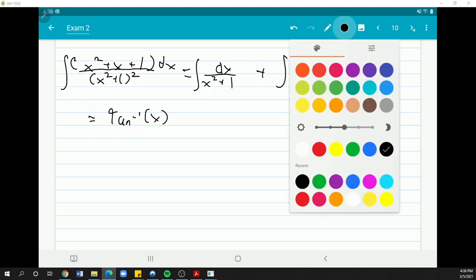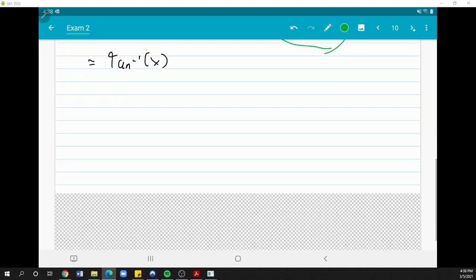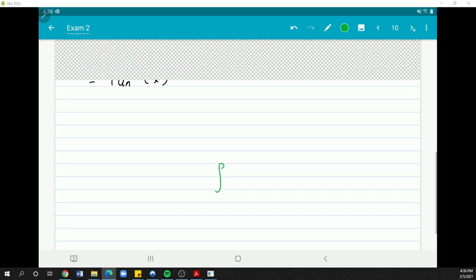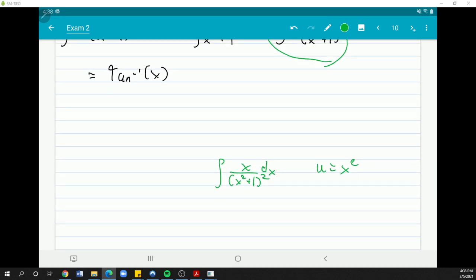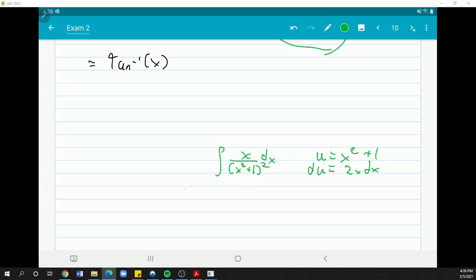But for this, we're going to need to look at some scratch work. Integral of x over x squared plus 1 squared. What do you do here? Let u be x squared plus 1. Then du is 2x dx. So this integral becomes 1/2 integral du over u squared, which if you integrate using the power rule, you'll get minus 1 over 2u.